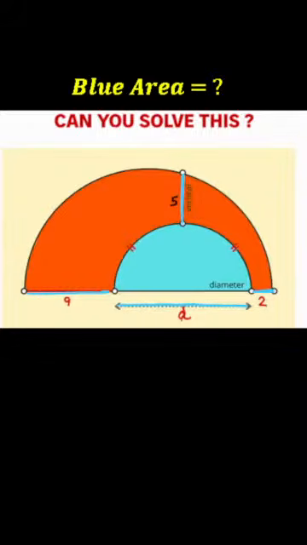X plus 5 square plus x plus 2 square. Okay, Gopal Jha. X plus 5 square plus x plus 2, where x is what? And why are you using plus?